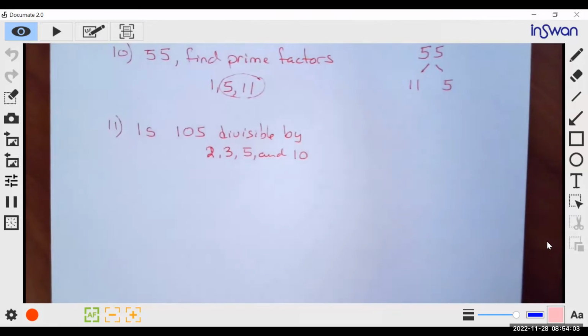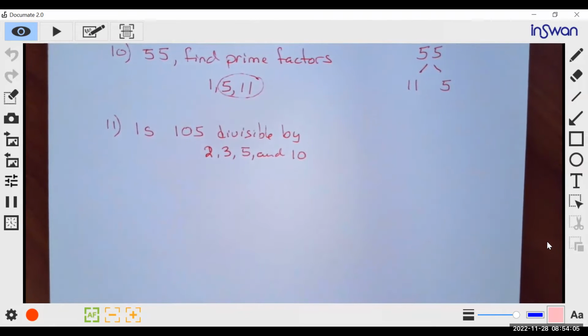This is where you have to go through the rules of divisibility that we talked about in the third week, or the second week.